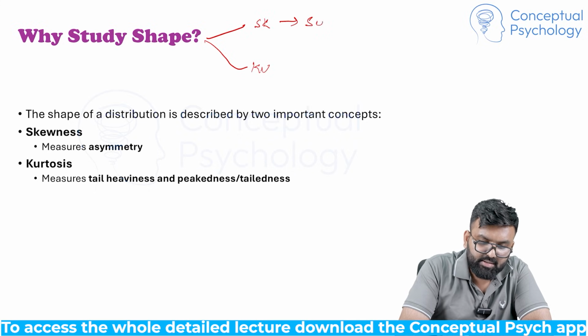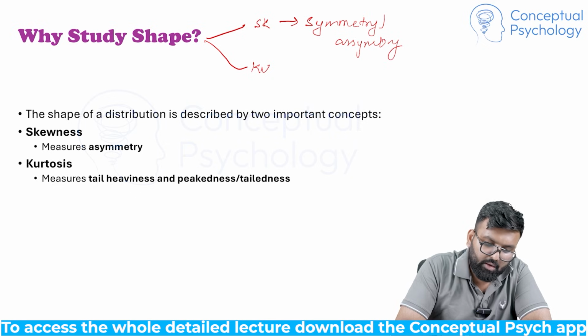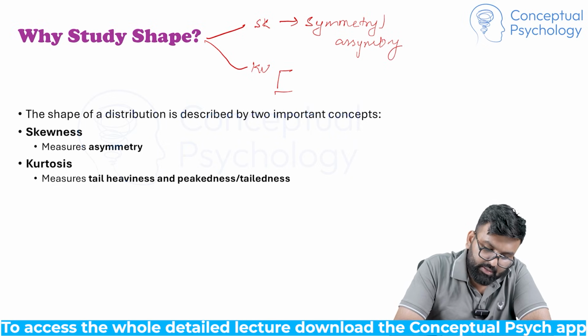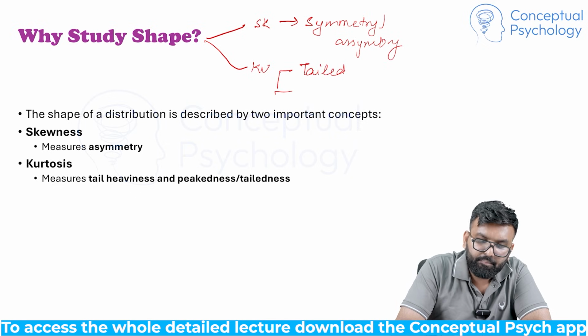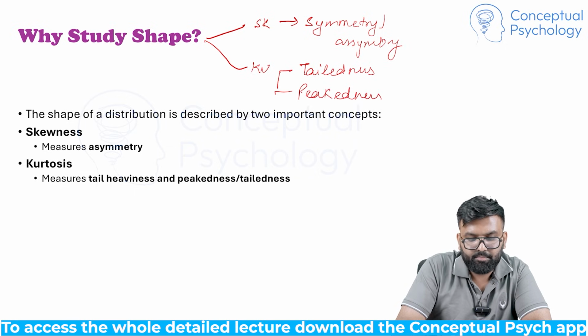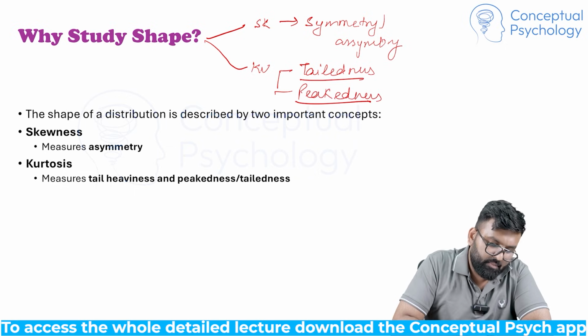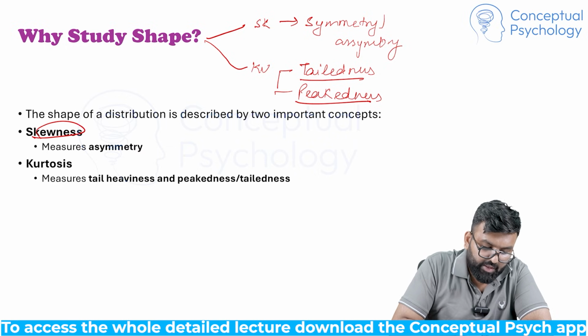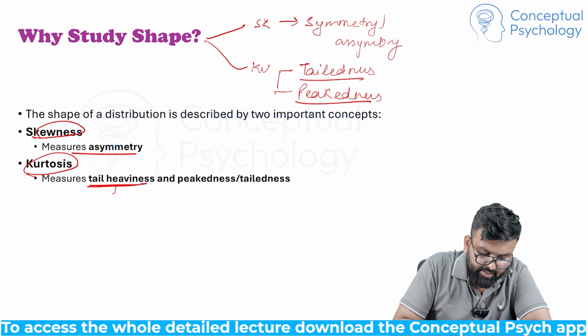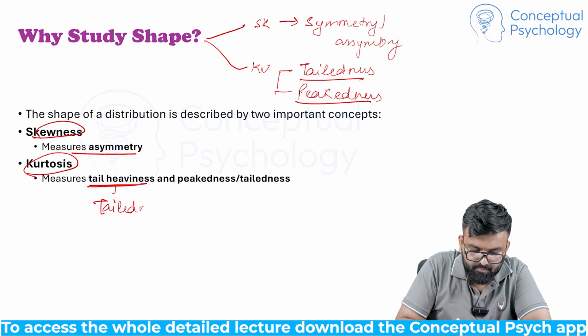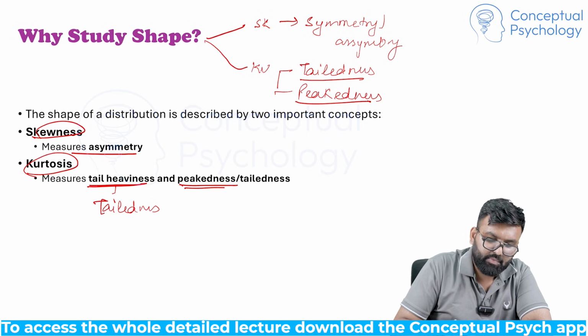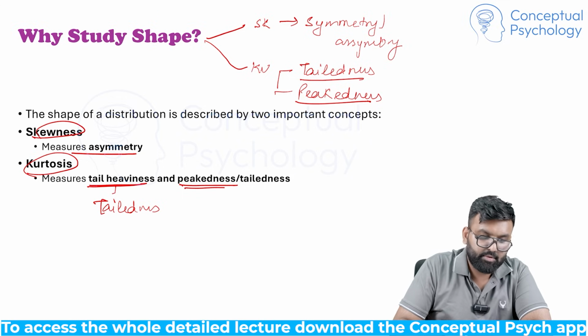Skewness is basically symmetry या हमें asymmetry बताता है, and kurtosis tells us tailedness and peakedness of a distribution. Skewness is a measure of asymmetry and kurtosis measures the tail heaviness, or we say tailedness and peakedness. These two characteristics.